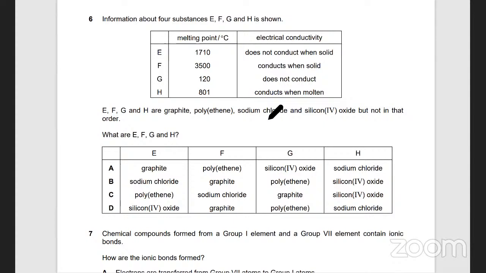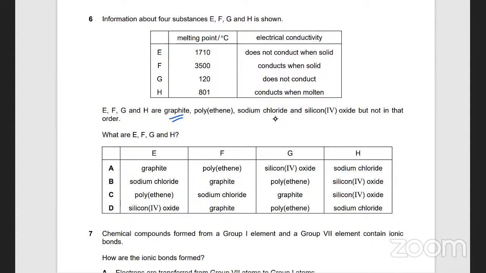F. Wait. One sec. Will it conduct electricity? Yeah, it will. The graphite obviously does. It's a very good conductor, obviously.